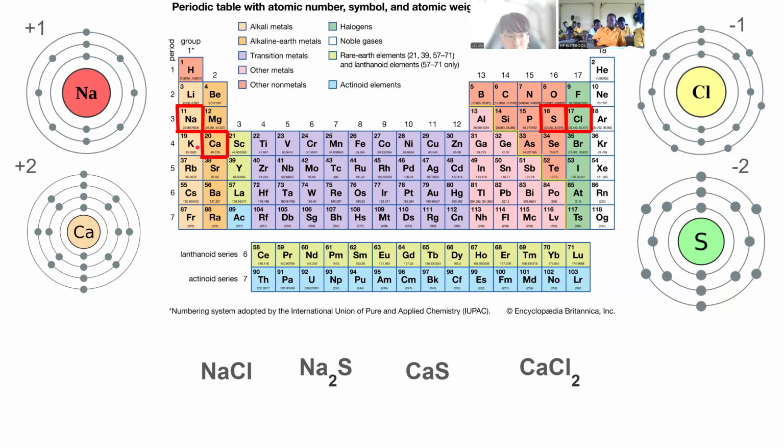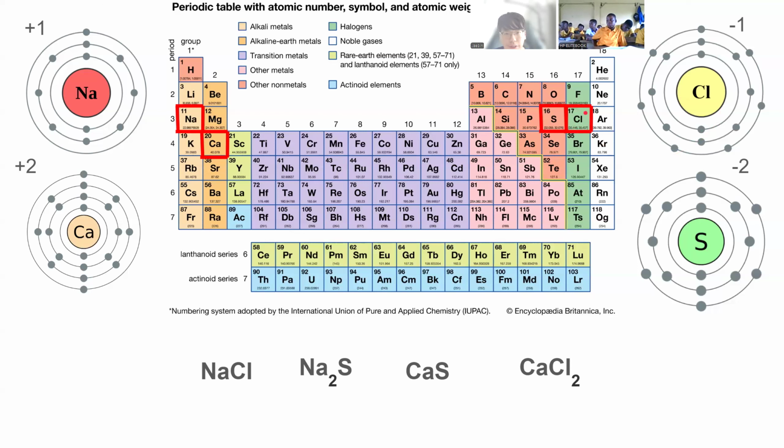Calcium is also close and wants to become a valence electron count of 8. To do that, it has to lose 2 electrons. So it becomes calcium, Ca2+, as an ion. Chlorine wants to gain one electron because it's closer to becoming 8.